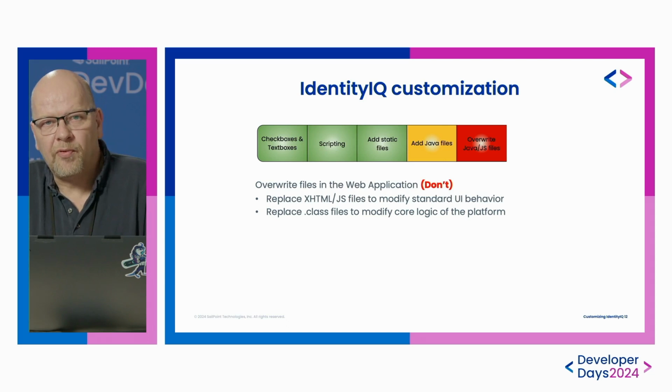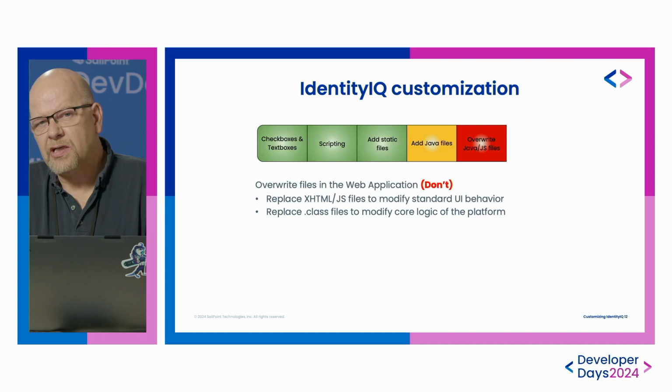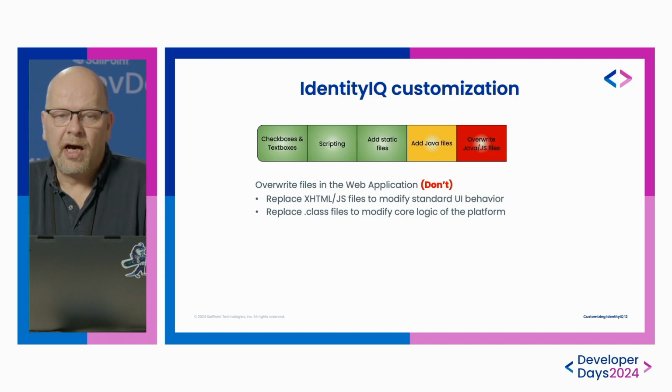If you want to do an upgrade to a newer version, you need to reapply the change itself. But it's also very unpredictable how things are working, and you basically also are dropping support on IdentityIQ. So you cannot go to SailPoint and say, this is not working, because you changed the files.